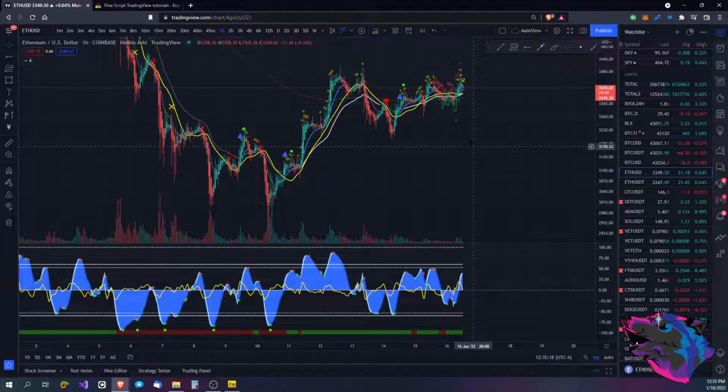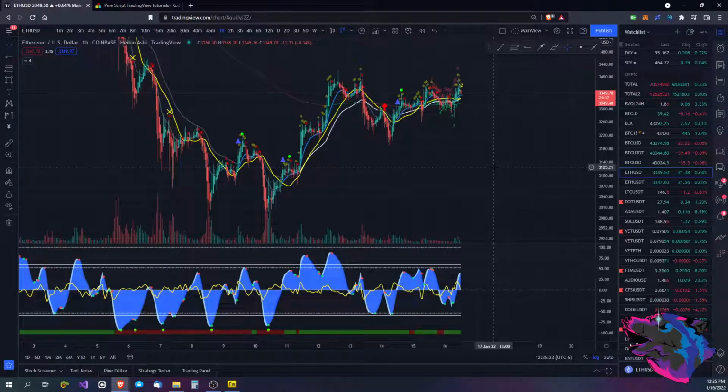Now we're over here on the Ethereum 1 hour chart. Haven't looked at this too much today, but at a glance, obviously you can see we are trending back upward.